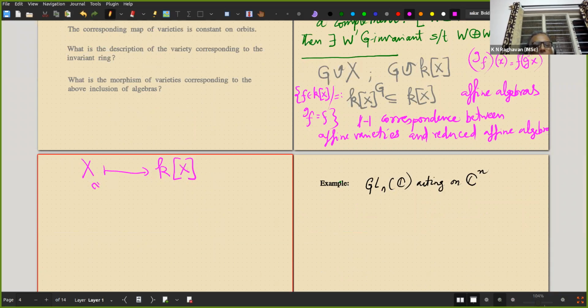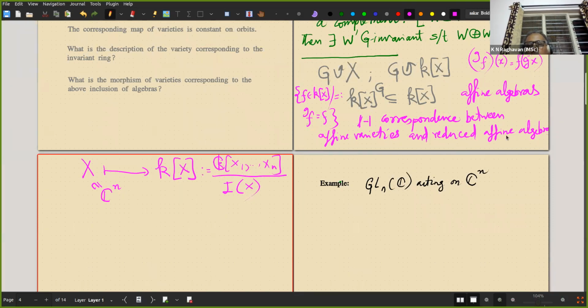For example, if X is embedded in some affine space C^n, then this is just C adjoin n variables, the coordinate functions on C^n, modulo the ideal of functions that vanish on X. Look, this is a radical ideal, and therefore this is a reduced algebra.